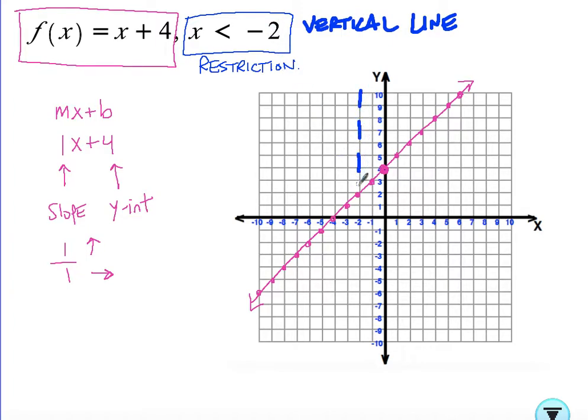So I'm going to put a dashed vertical line at -2. And that is my barrier. And since it's a less than symbol, that means that I only want stuff to the left of that barrier, less than, to the left. Because it was a less than.